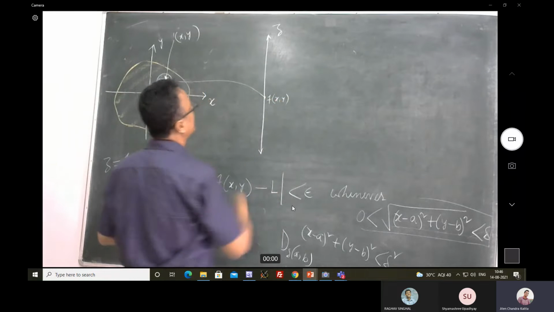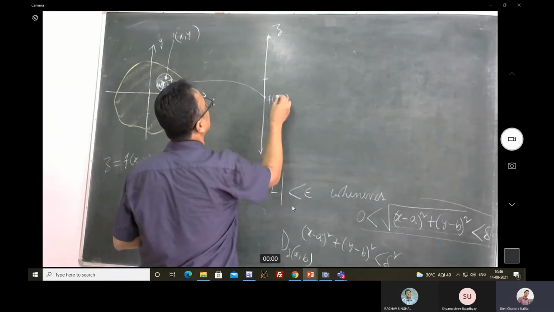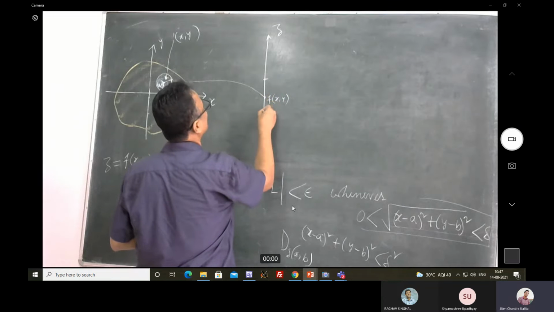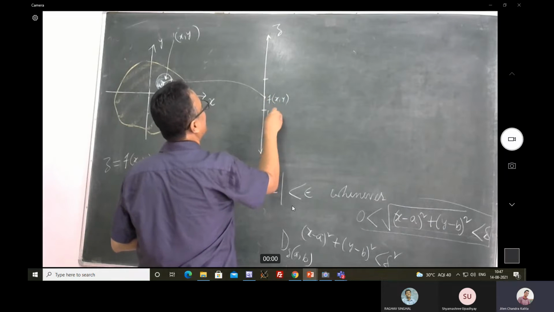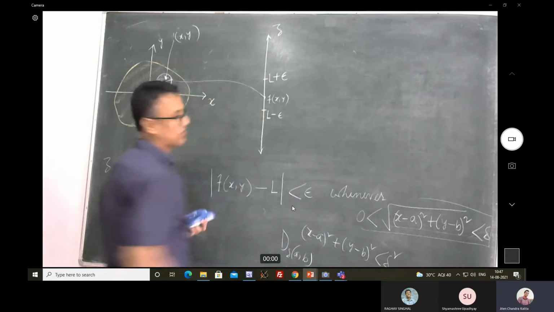Suppose this is L minus epsilon, and this is L plus epsilon.